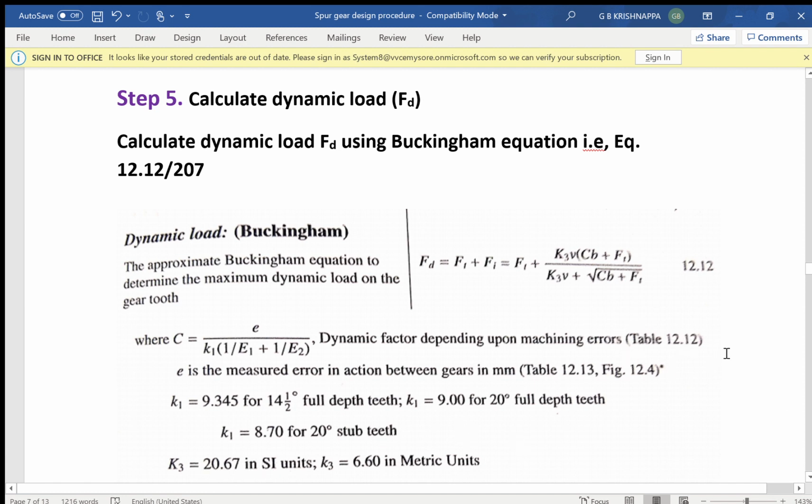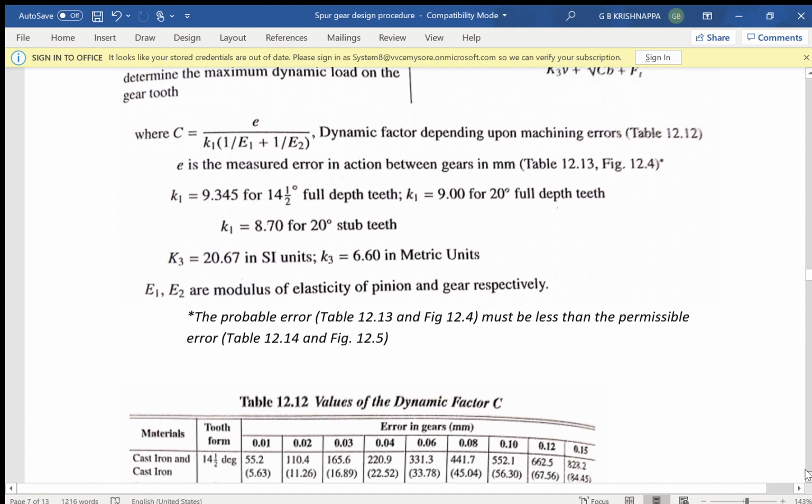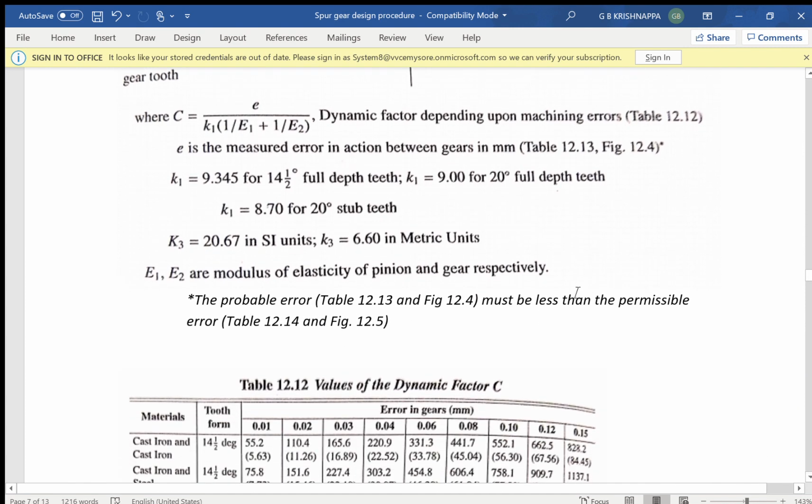We will look into this table 12.12 to see how to obtain the value of C if you don't use this equation for C. E1 and E2 are moduli of elasticity for pinion and gear materials respectively. There is a note given here. So while solving problems, please keep an eye on this.